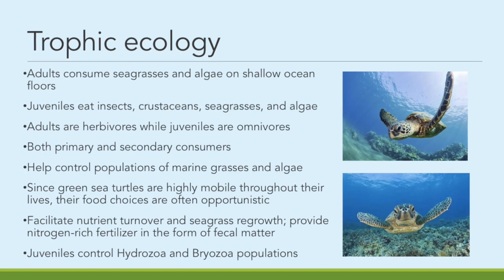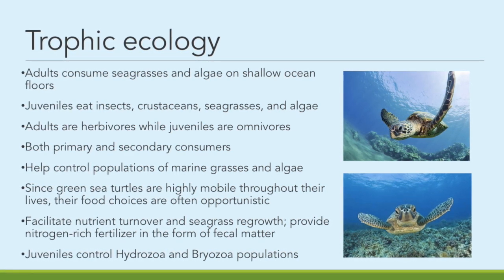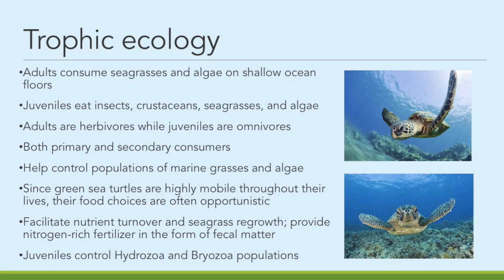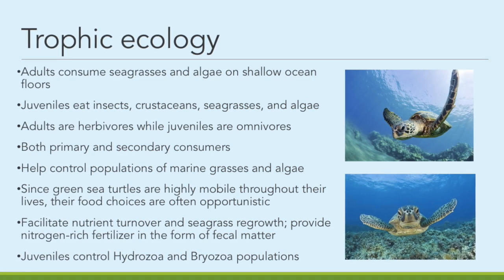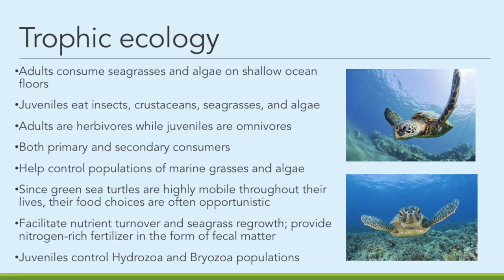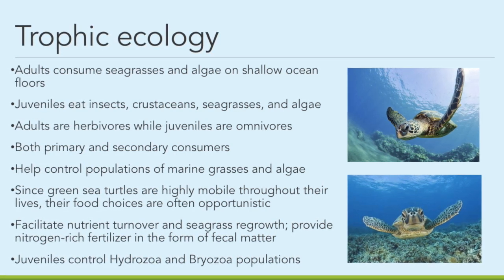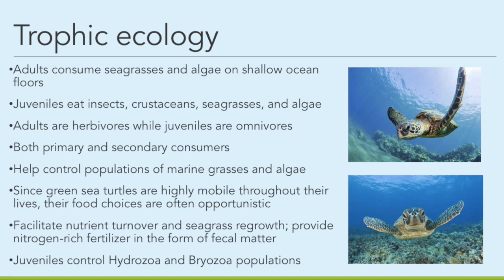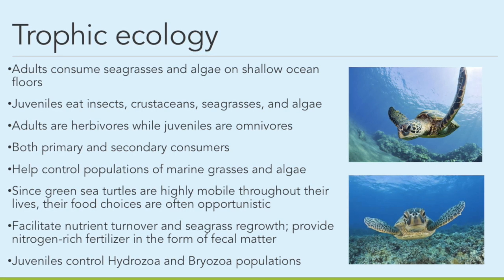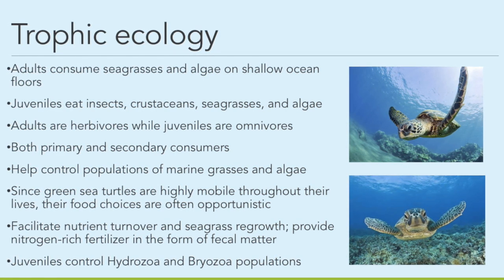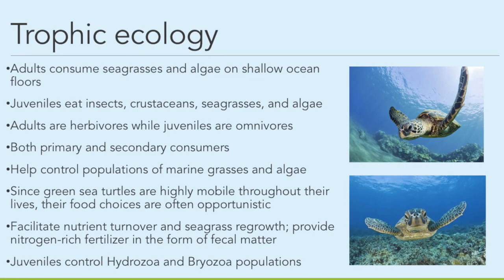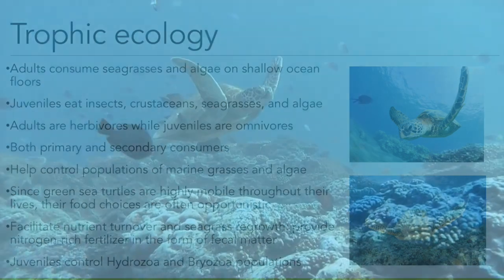Adults help control populations of marine seagrasses and algae, and since green sea turtles are highly mobile throughout their lives, their food choices are often opportunistic. They facilitate nutrient turnover and seagrass regrowth and provide nitrogen-rich fertilizer in the form of fecal matter. Juveniles control hydrozoa and bryozoa populations, which are marine invertebrates.